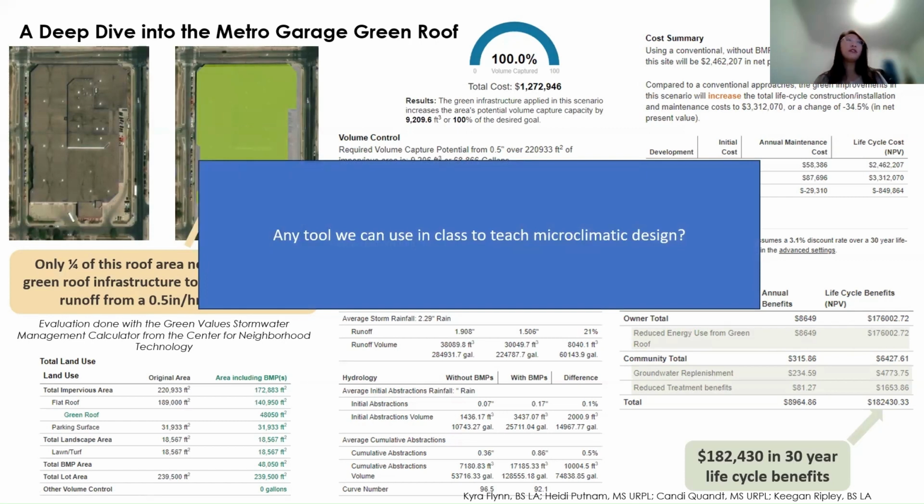So I'm thinking, is there any tool that we can use in class to teach microclimatic design? I don't know this stormwater management calculator, but I did use another one, called the National Stormwater Management Calculator, something like that, developed by the EPA.